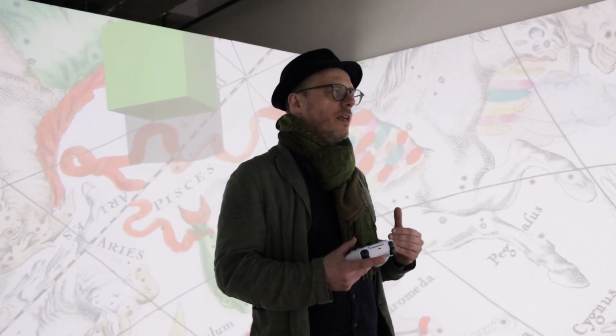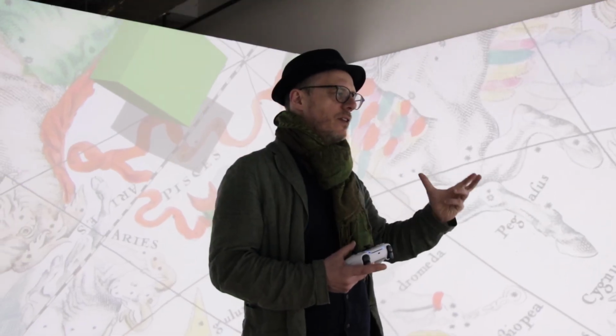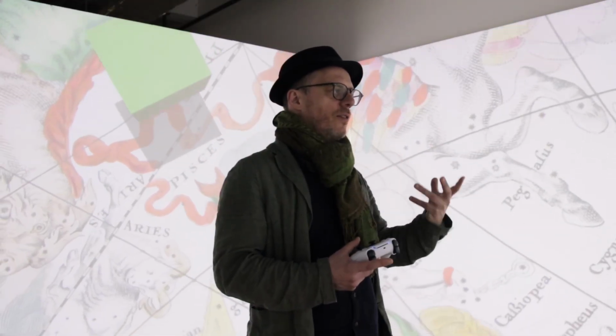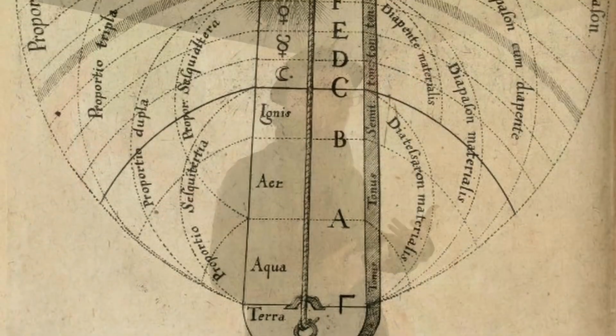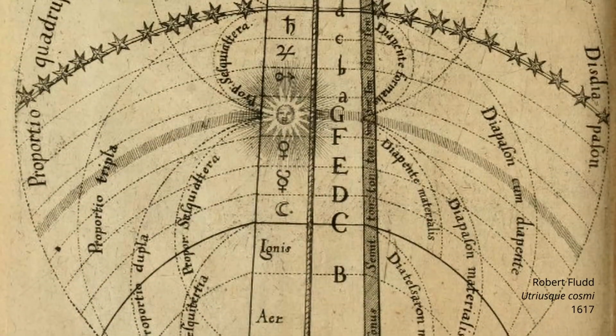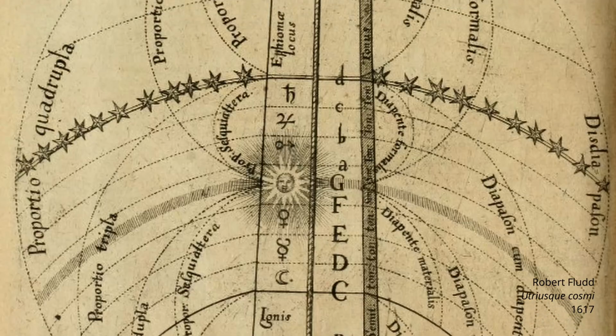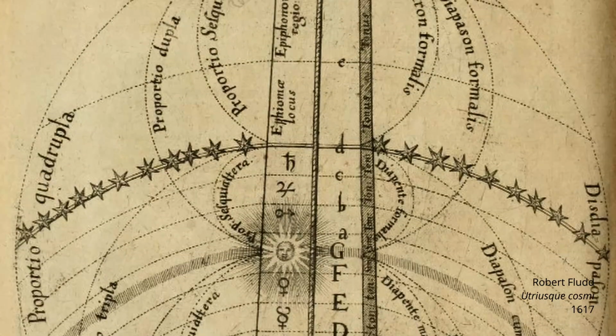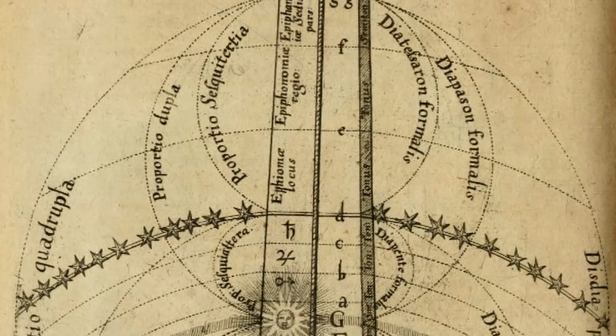His idea was that the planets were together playing a cosmic harmony, and this harmony determined how the solar system was organized. So that was the idea of Pythagoras.